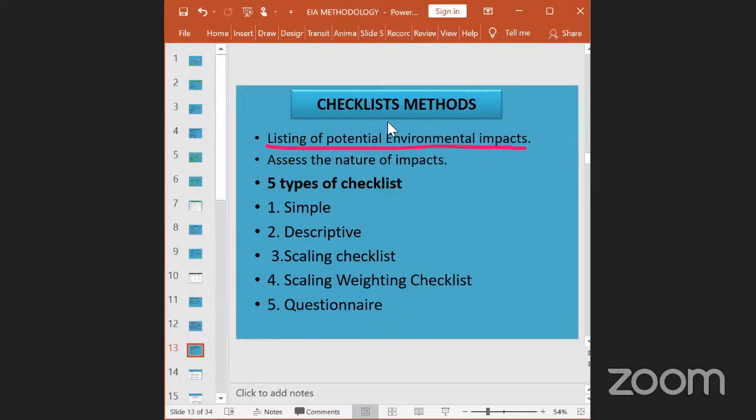This checklist method is used to assess the nature of impacts, that is, their type, such as adverse or beneficial, short term, long term, no effect or significant effect, reversible, irreversible. So that we can find out the checklist.